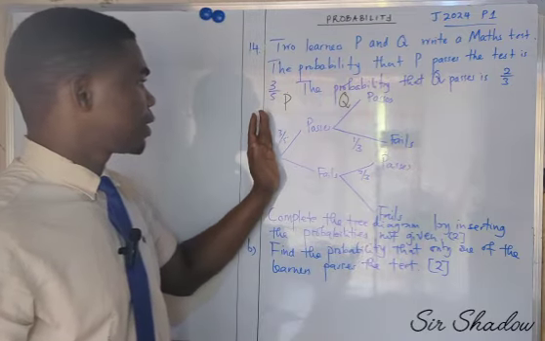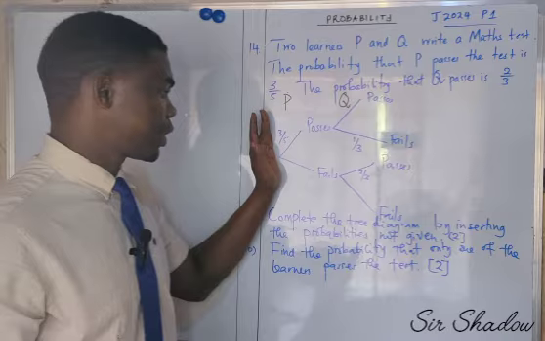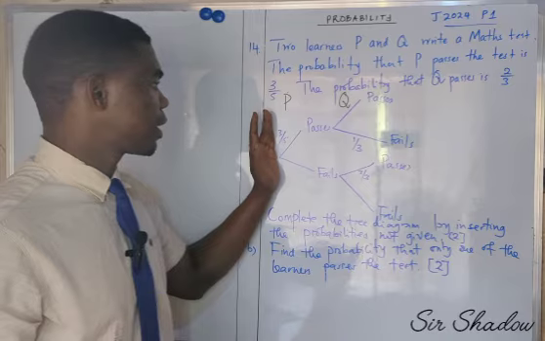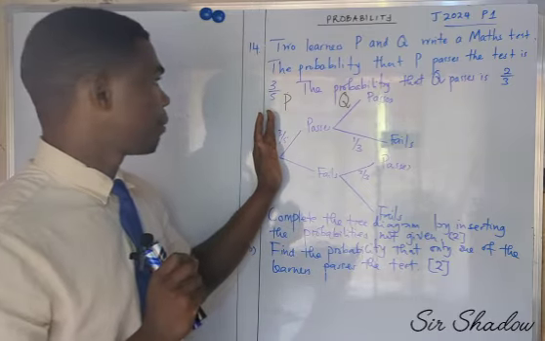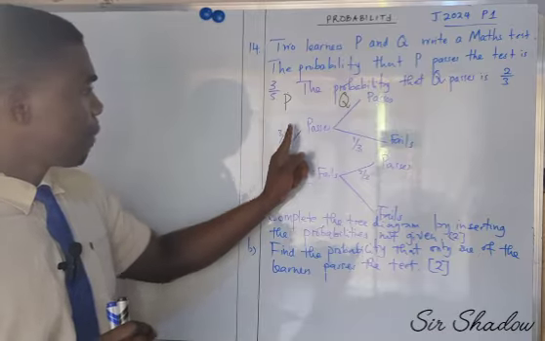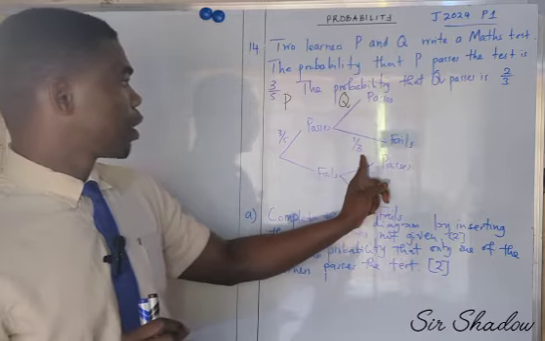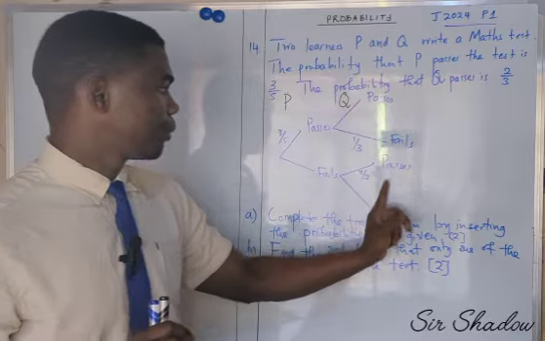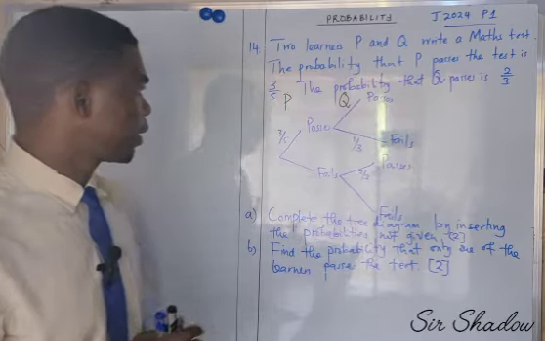Then we are given this incomplete tree diagram. We are given 3/5 here. Pass, fail. 1/3. Pass, fail. 2/3.